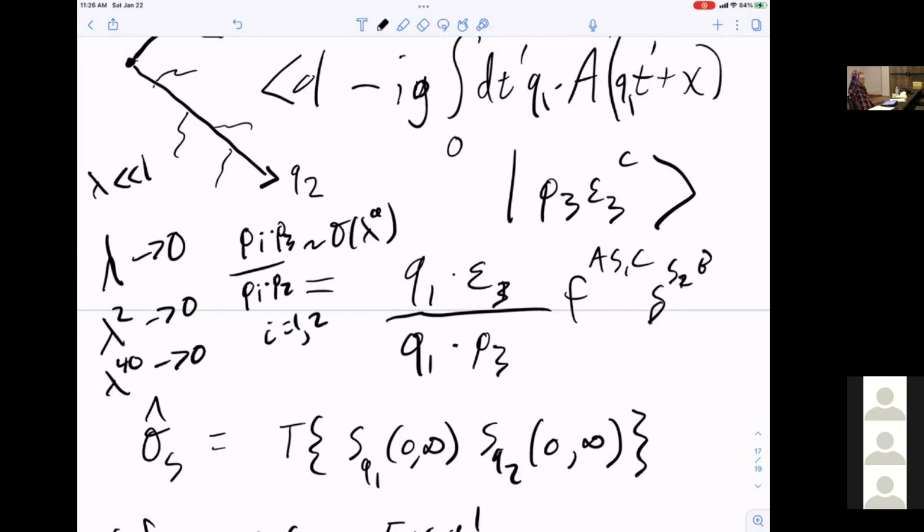This a exponent could be 1, it could be 2, it could be 40. Whatever I assign it, I would have gotten the same Wilson line structure at the amplitude level, and I'll never see a difference between them.